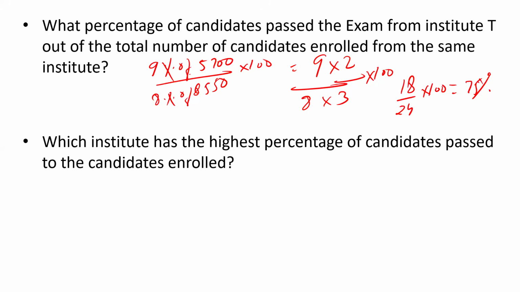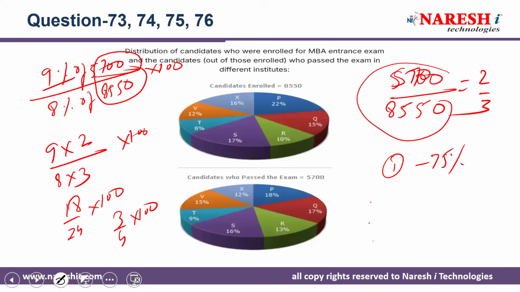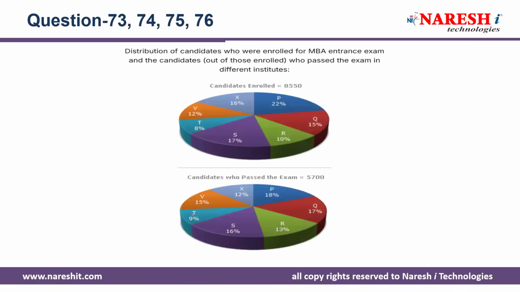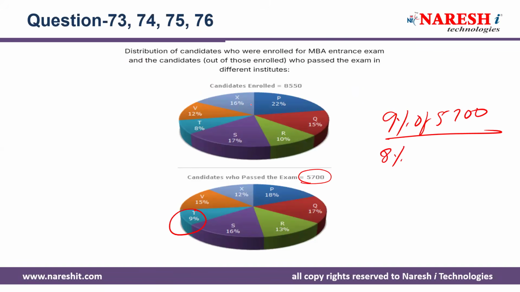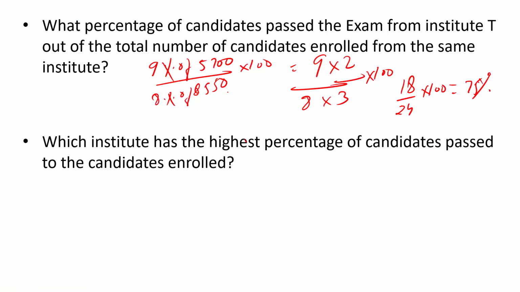Okay, listen, guys. They're asking what percentage of students who passed from Institute T upon students enrolled in T. From the diagram, 9 percentage of 5,700 passed in T, upon 8 percentage of 8,550 enrolled.